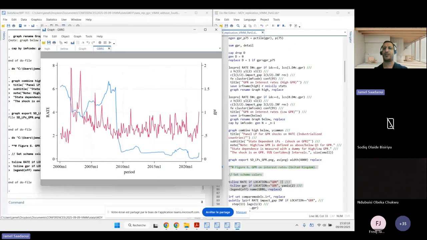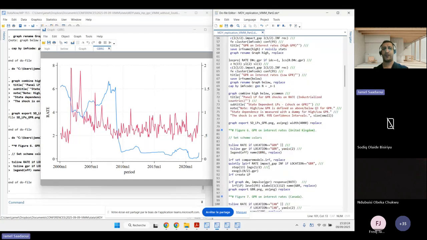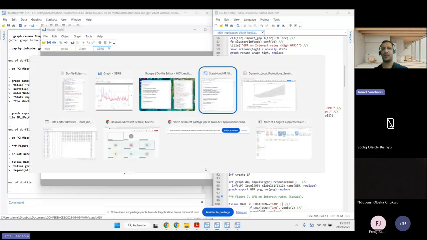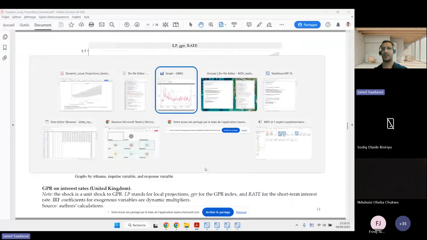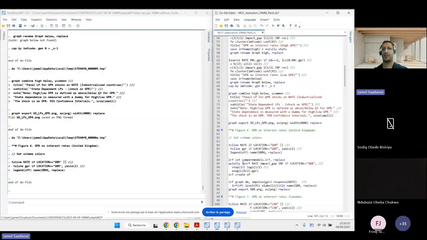So we have this picture and say, okay, if I want to make the picture for the UK that you just saw in the slide, you can use the official Stata command, which is lpirf. I will remove the quietly here.